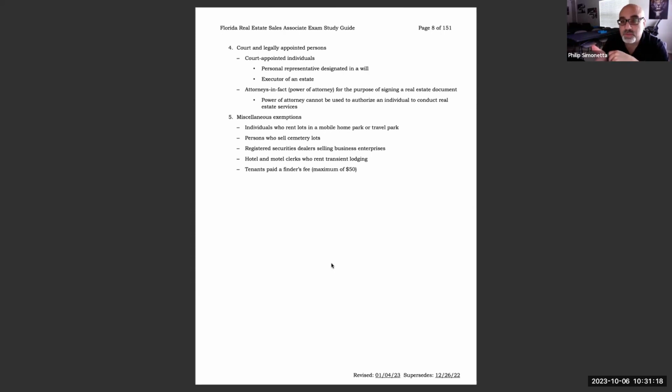That'll also include Airbnb, right? Yep. And then also what you want to remember is the finder's fee for tenants. It's the only time a fee is allowed to be paid, and that's when a landlord owns a building and he has empty units, and he tells the tenants, if you find me somebody for a unit, I'll give you a $50 finder's fee. You can't give more than $50, and that's the only time that that's allowed.